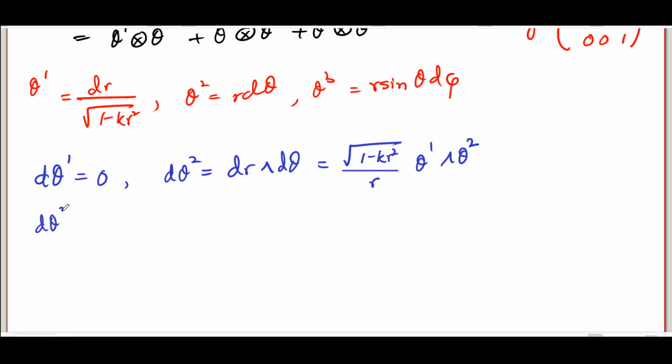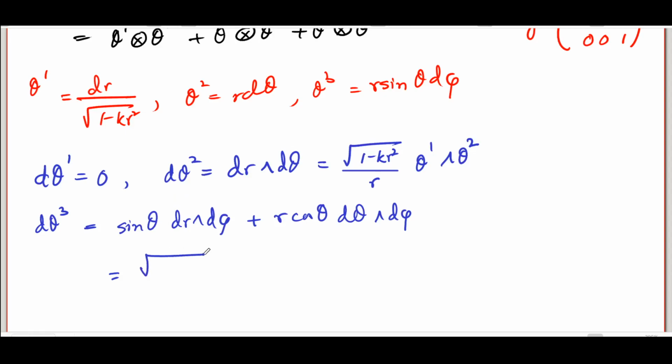And what about d theta 3? That's sine theta dr wedge d phi plus r cosine theta d theta wedge d phi. But once again, we need to rewrite everything in terms of the thetas, the theta 1, theta 2, theta 3's, and that is again rather straightforward.